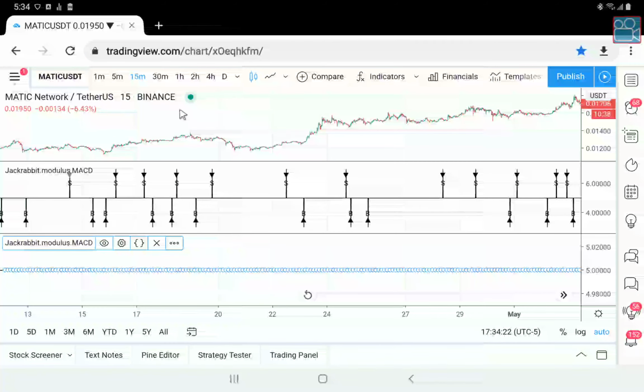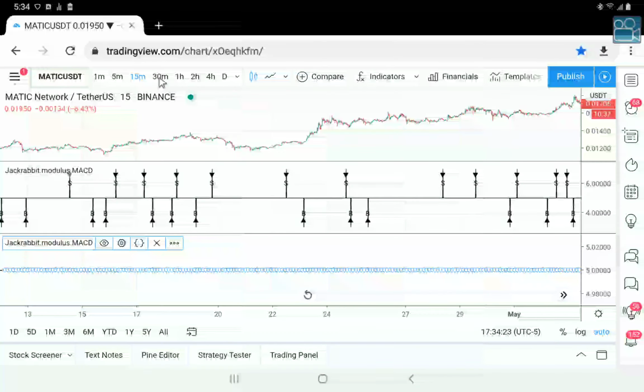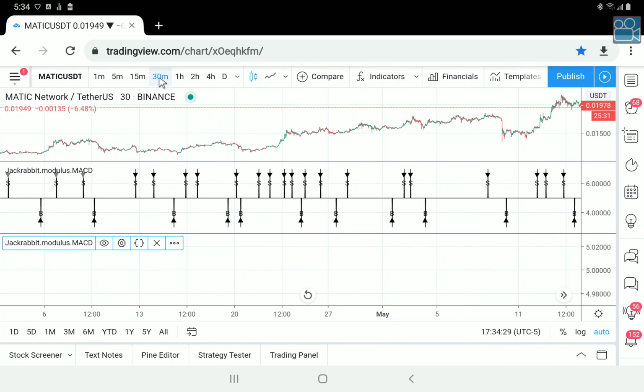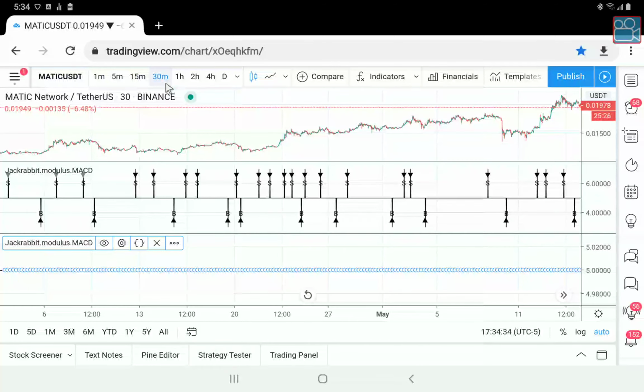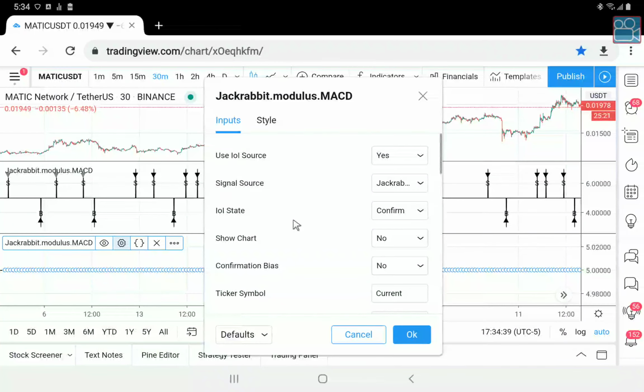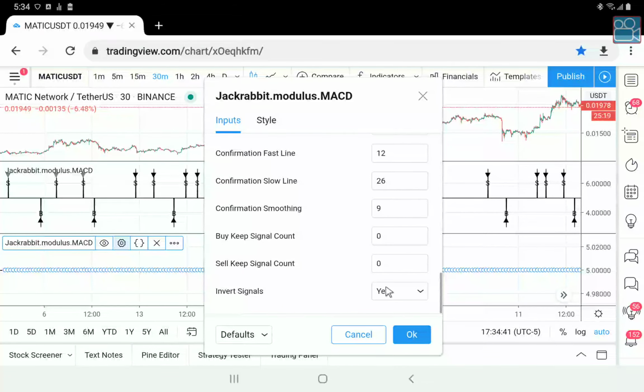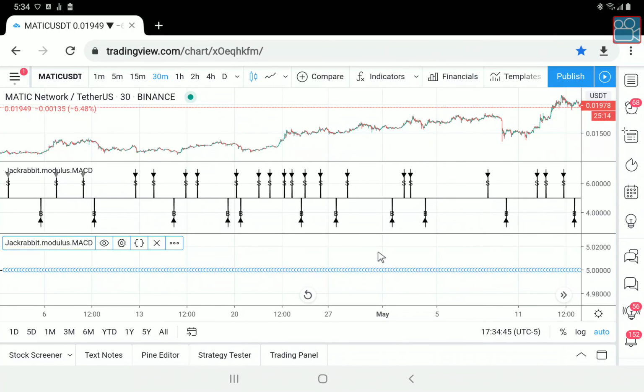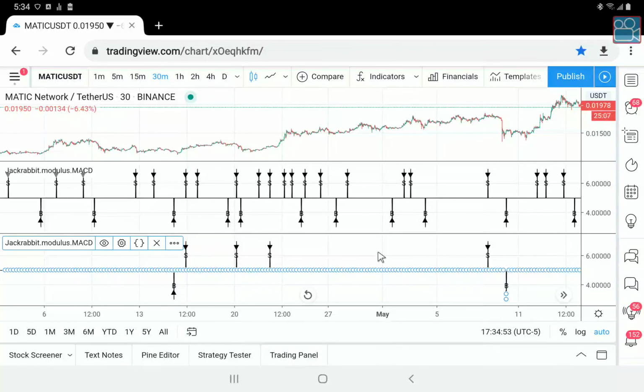So when you invert this for this particular coin, certain time frames do well, other time frames don't. So let's go back in. Let's uninvert it. And let's see if it finds anything. Again, you're not always going to know with confirmation bias what the best approach is until you actually try it.